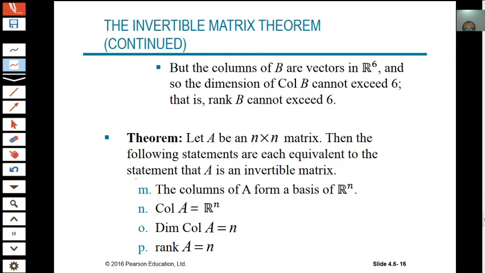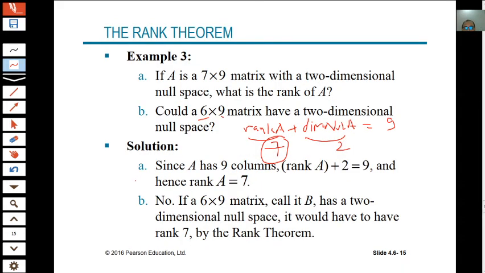7 pivot positions, but the columns of B are vectors in R to the 6, and so the dimension of the column space cannot exceed 6. That is, rank B cannot exceed 6.